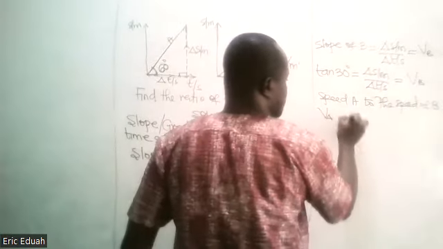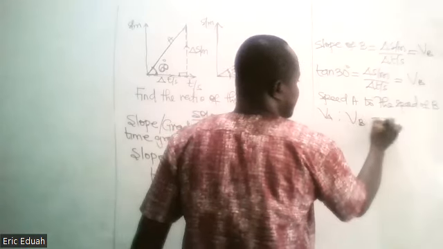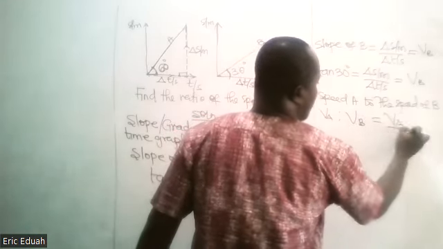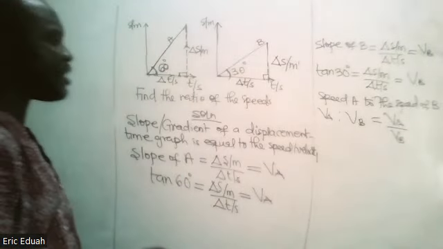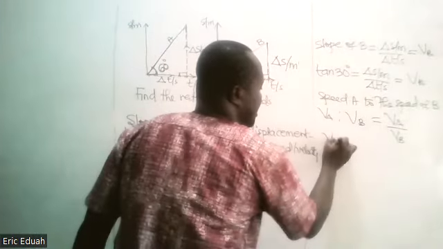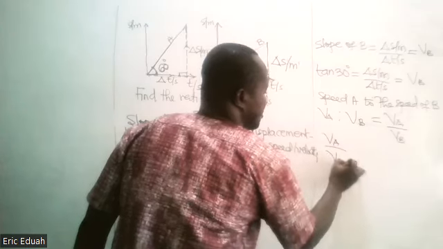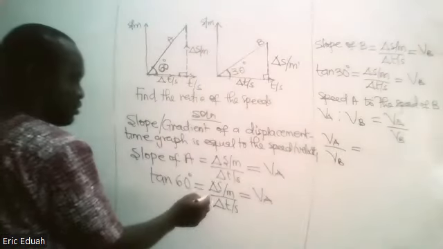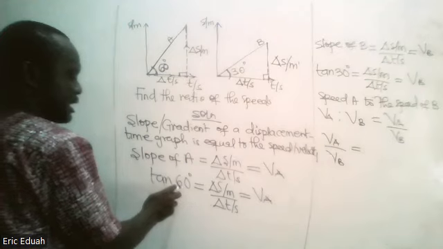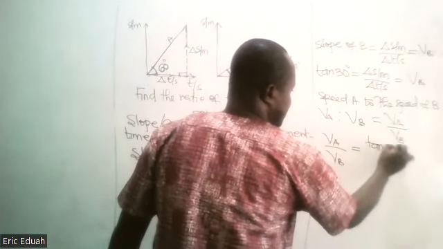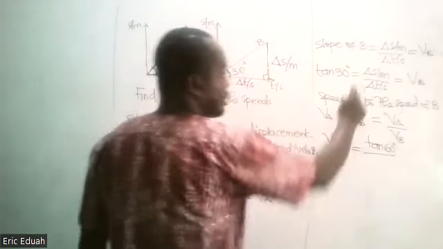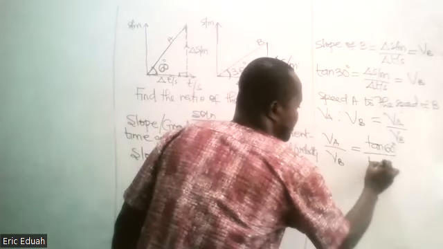V of A is to V of B is the same as V of A over V of B. Okay, now what is the velocity of A? VA, this is what we got: tan 60 degrees. For VB we got tan 30 degrees.